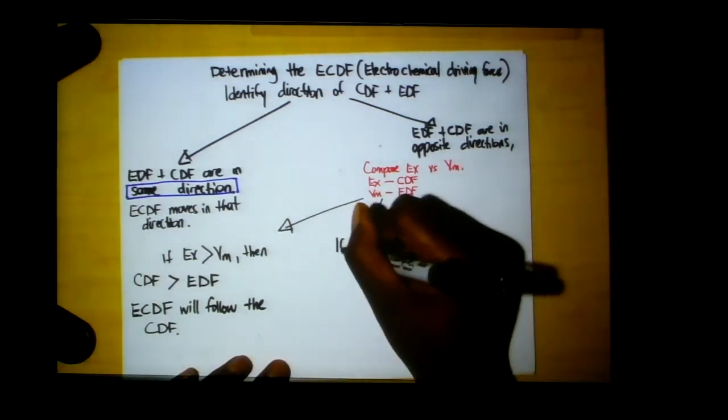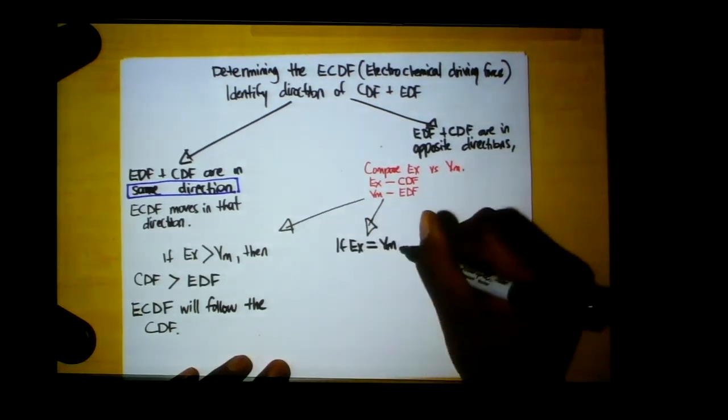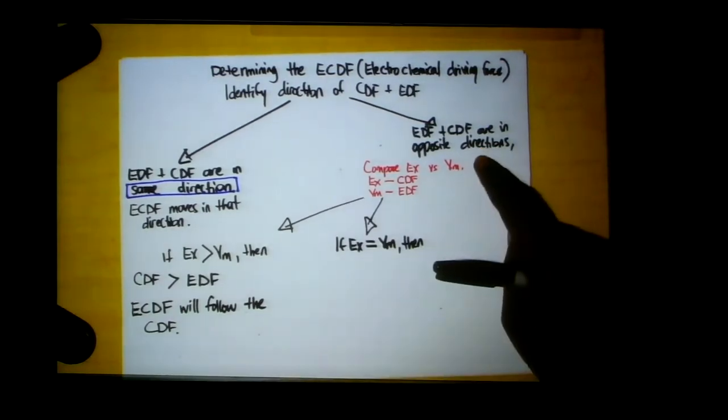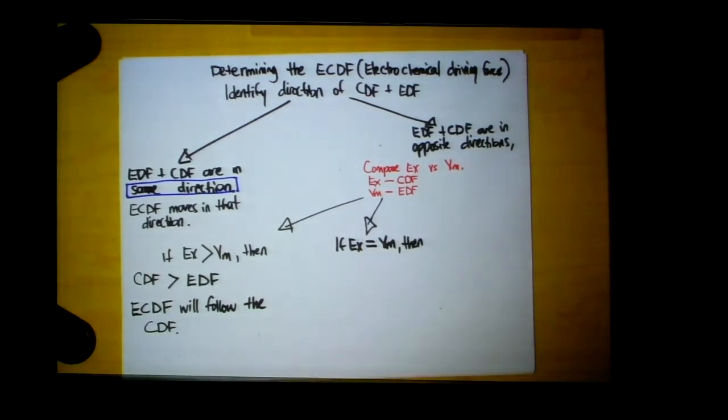If they're equal, so if the equilibrium potential is equal to the membrane potential, then what's the scenario there? We talked about this. They're in opposite directions, as we know to be true, and now they're equal. They're at equilibrium, right? So no net movement.